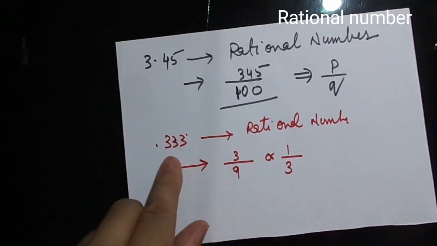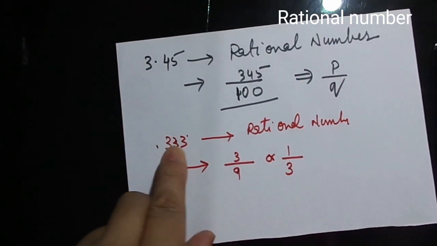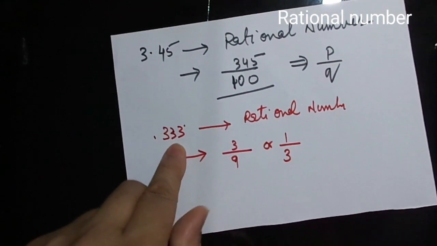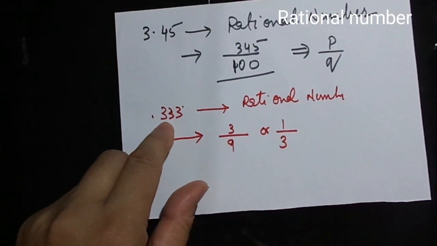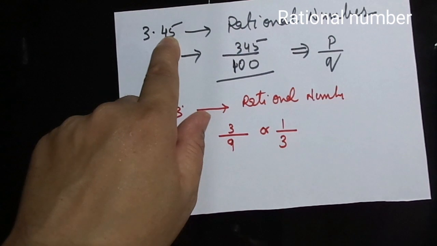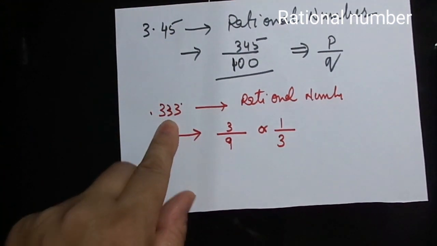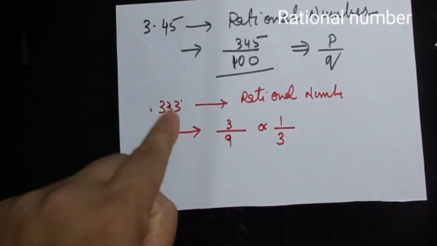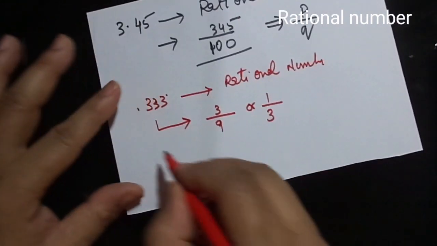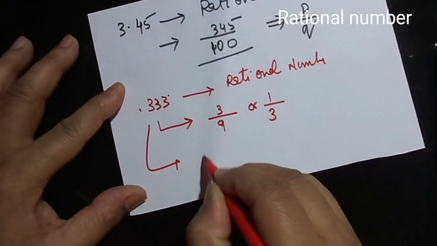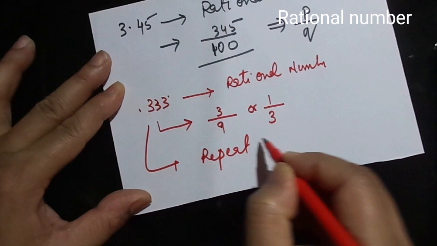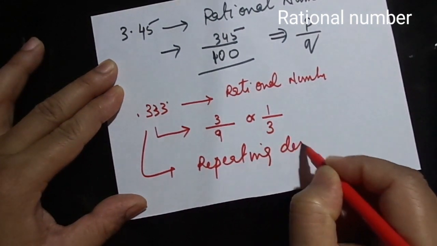These are terminating decimals, but when you talk about this, these are repeating decimals.